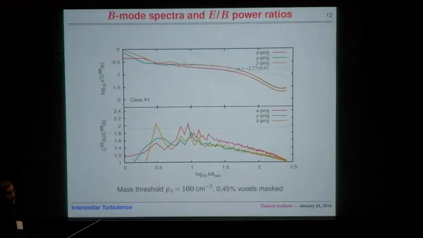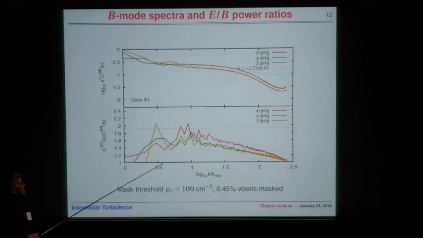So then we can decompose the modes, and we can look at these power spectra. Here I show B mode power spectra, and the lower panel shows the E to B ratio as a function of wave number.